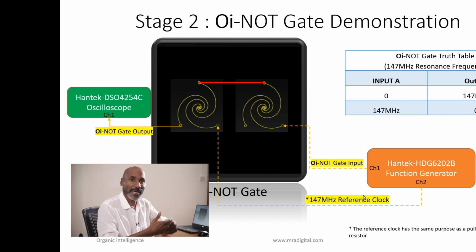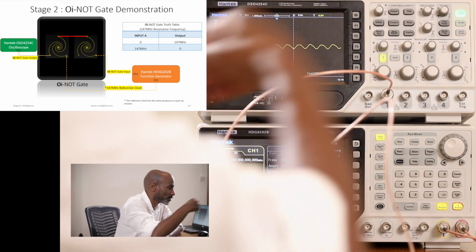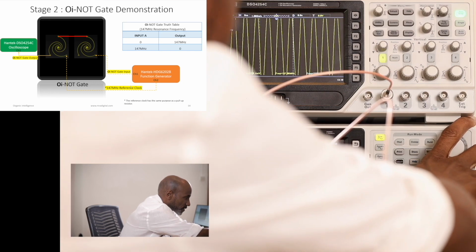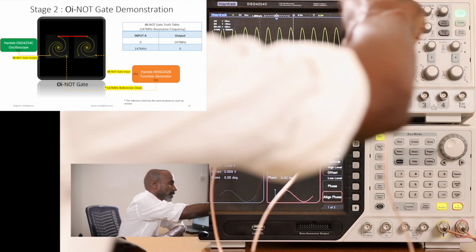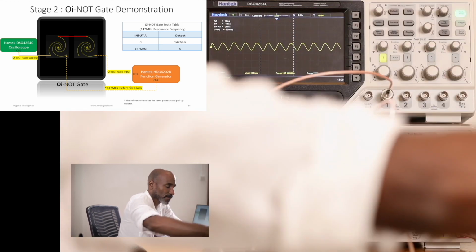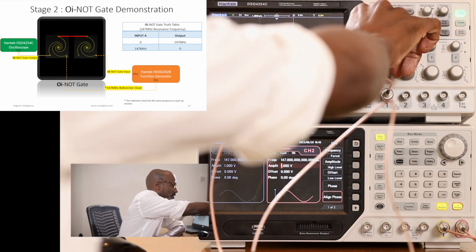Now let's go back and put the amplitude of the signal to 1 volt peak to peak. So 1 volt peak to peak on channel 1 and channel 2. I'm going to adjust the scope back to 200 millivolts per division.